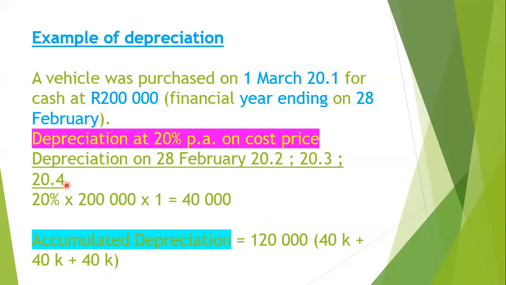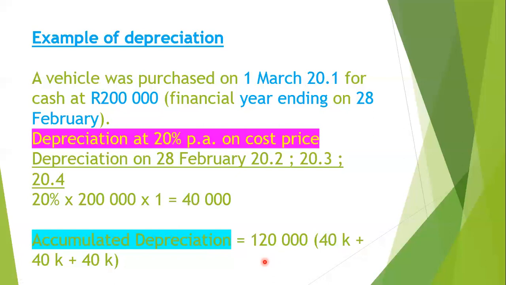So if we add all that up, 40,000 plus 40,000 plus 40,000, it's going to give you 120,000. Okay, that is your accumulated depreciation for the year ended 28 February 20.4.